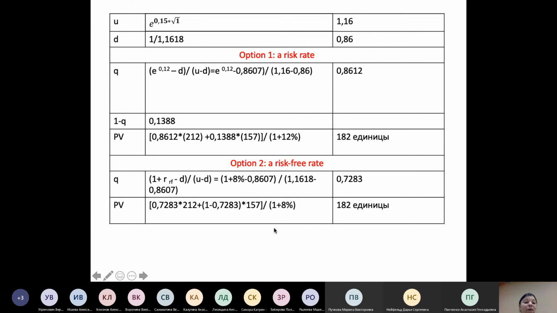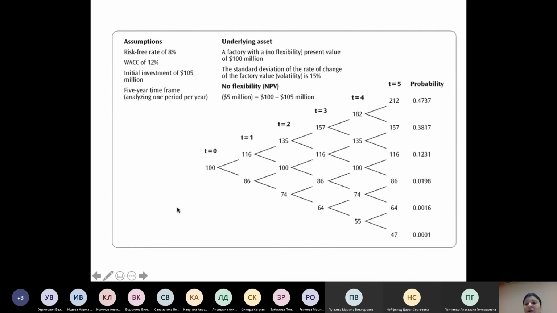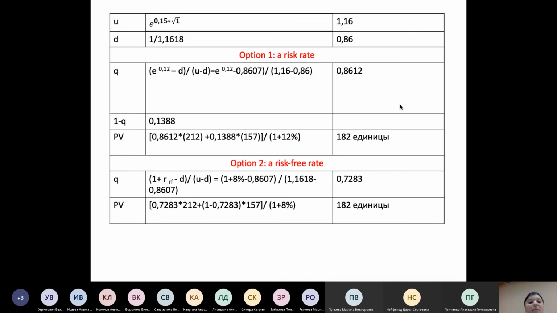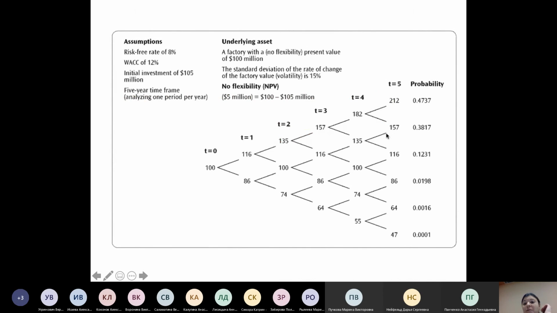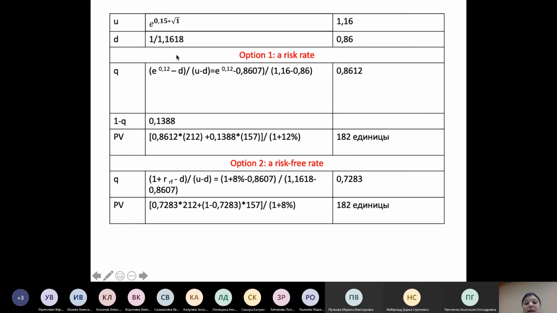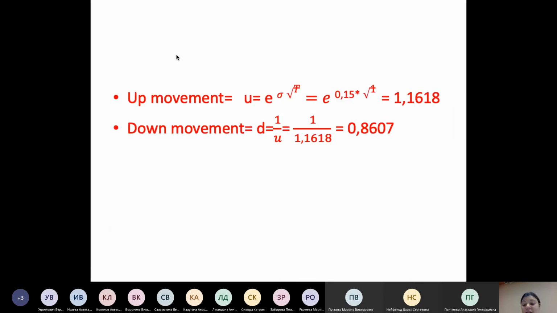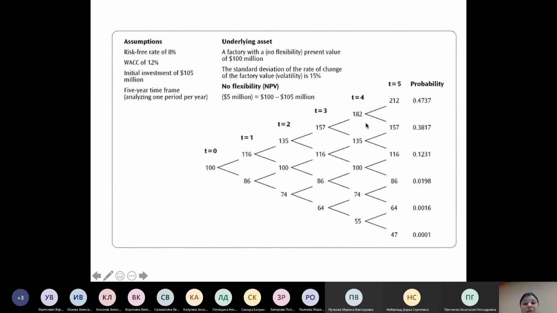And the same, we can check all these parameters: our probability of growth multiplied by our high level, 212, plus our 17% multiplied by our low level, 157, and as the discount mechanism we'll use our risk rate of 8%, divided by 1 plus 8%. And we'll receive the same 182.